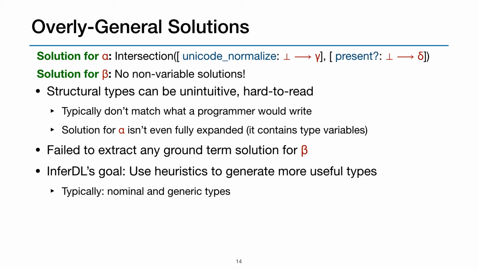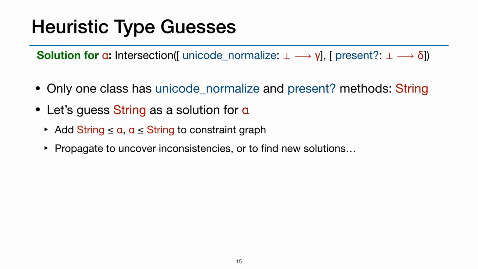InferDL does this by incorporating heuristics to generate more useful type annotations, by which we typically mean nominal and generic types. Let's see an example of a heuristic type guess. Looking closely at our solution for alpha, we note that only one class has defined Unicode normalize and present methods at the time that we run inference, and that's the class string.